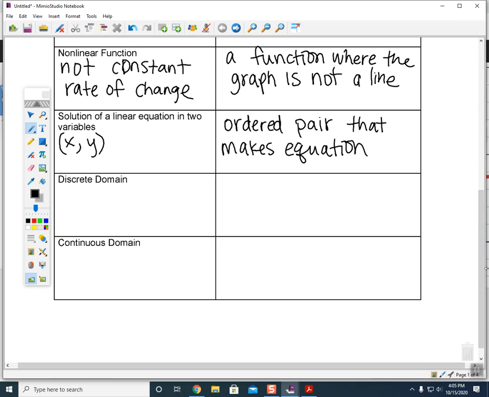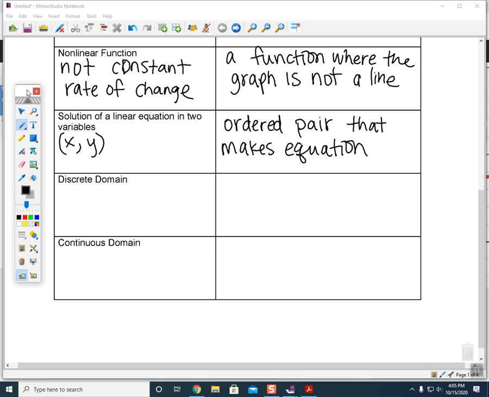Okay, last two definitions here are both about domain. If you remember, domain is the set of all of my input values, all of my x's. And I also had two types of graphs in 3.1. I had a discontinuous graph and a continuous graph. My discontinuous graph was the one where just points were plotted, right? So a discontinuous graph has a discrete domain.